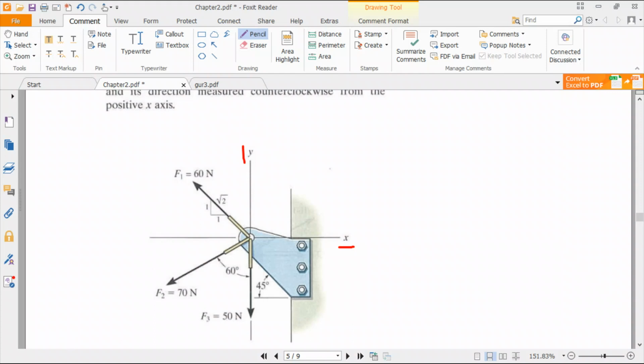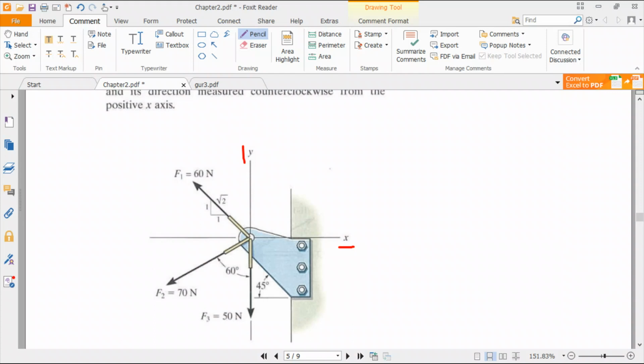F2 is equal to 70 newtons as a magnitude, and it makes 60 degrees with respect to the y-axis. And then there is F3, 50 newtons, which acts in the direction of the y.